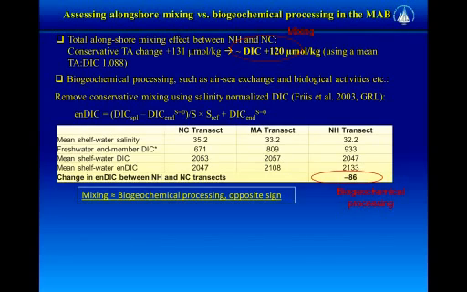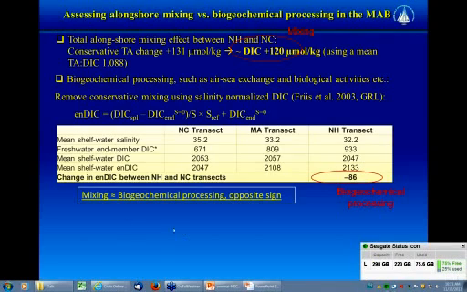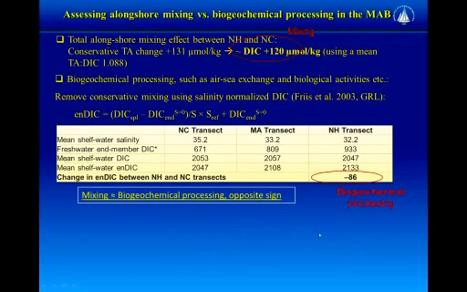If you do this exercise, you find from New Hampshire to North Carolina, the DIC decreased by about 80 to 90 micromoles, and given 20% uncertainty, this value is about the same magnitude as the mixing, as I listed above, but it has the opposite sign. In other words, the mixing effect increases the DIC concentration, while the biogeochemical processing decreases it.